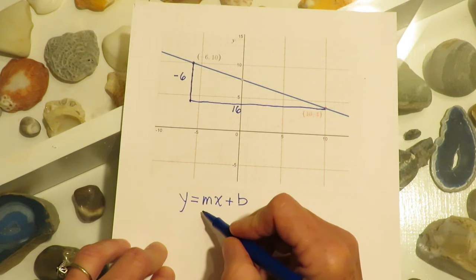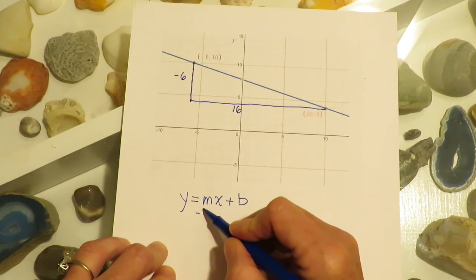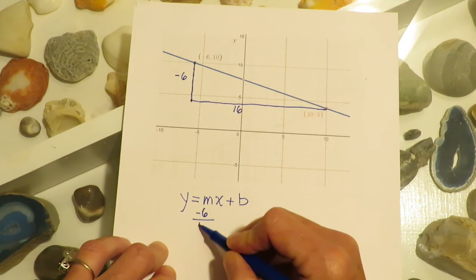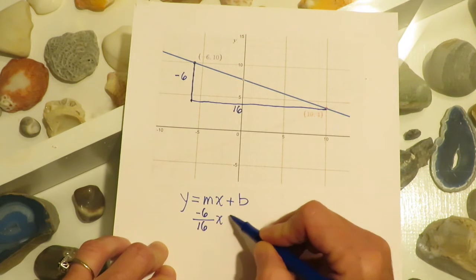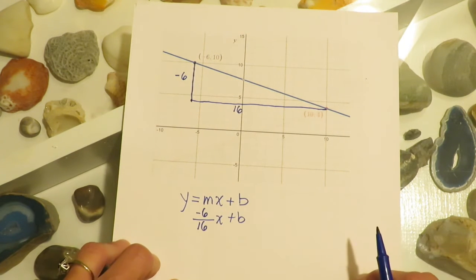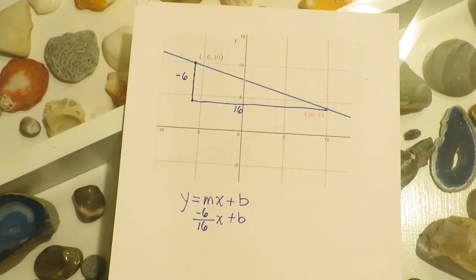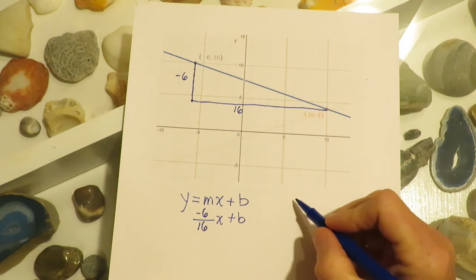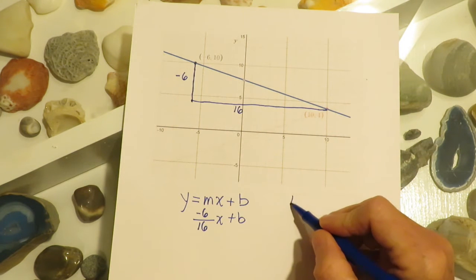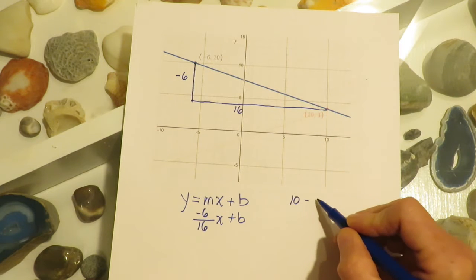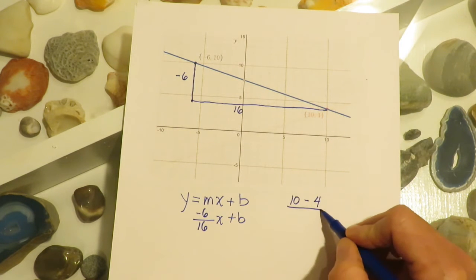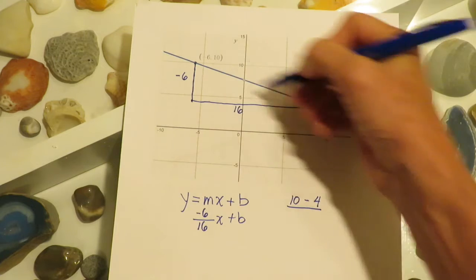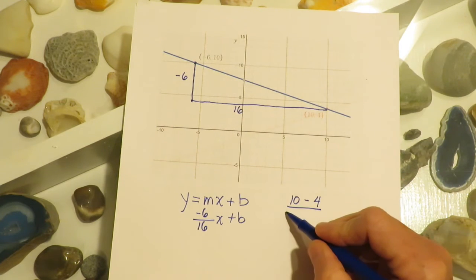So my slope is the change in the y's divided by the change in the x's. If you don't have a graph handy, and it's not so easy to just see the differences, you always can just do the computation. I take one y value and I subtract the other y value, and then I consistently work with those same x's.